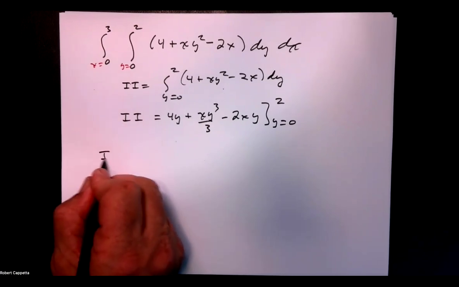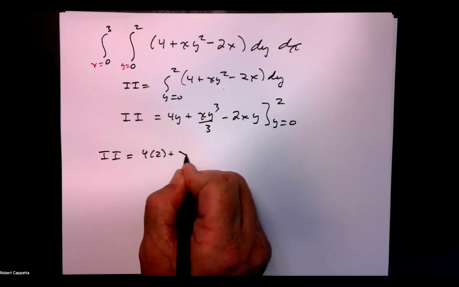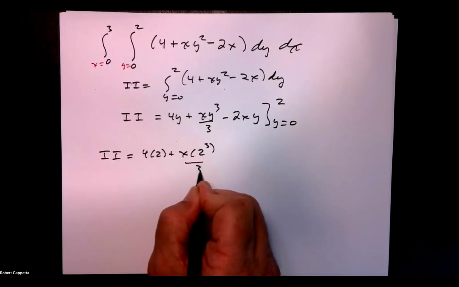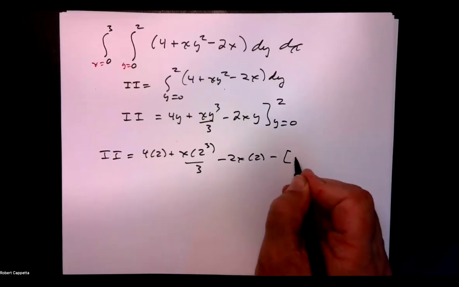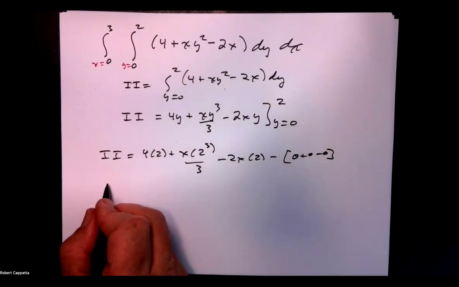So what is my inner integral going to be? 4 times 2 plus x times 2 cubed over 3 minus 2x times 2 minus a whole bunch of zeros, 0 plus 0 minus 0, as is often the case.